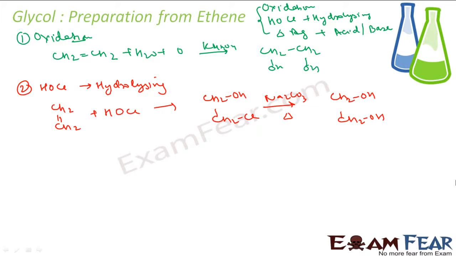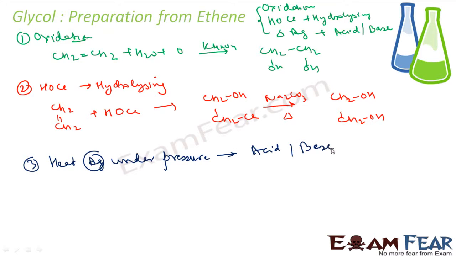Let's try the third way. The third way I told is you first heat in presence of Ag under pressure, and followed by you treat with acid or base. So let's do this. I have ethene.